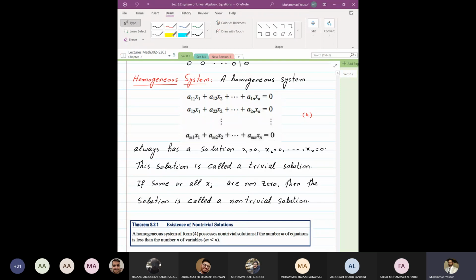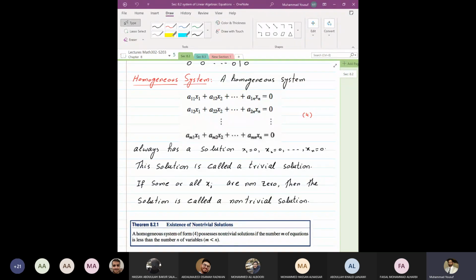Now, homogeneous system, as you know, I have told you before that a system in which the right hand side is 0, 0, 0, all zeros, we say that the system is a homogeneous system.